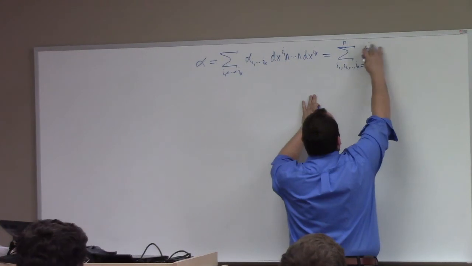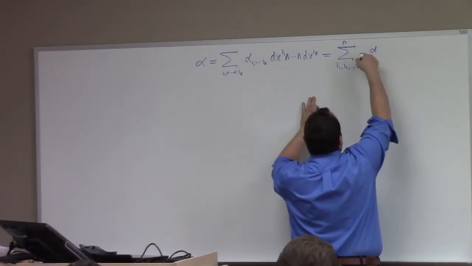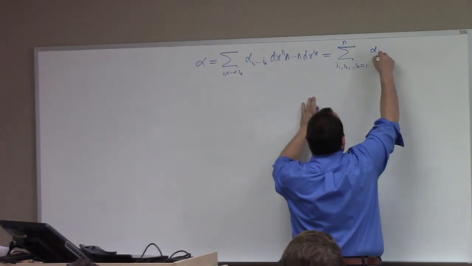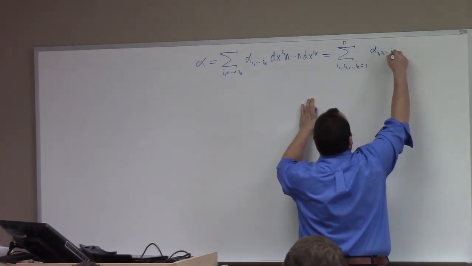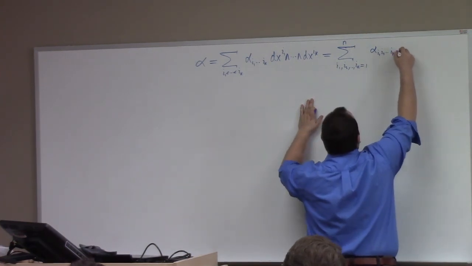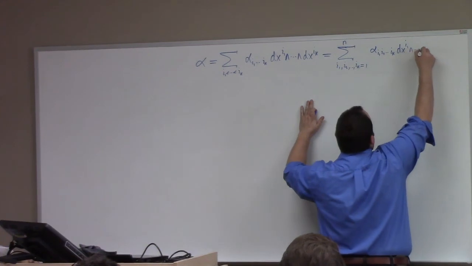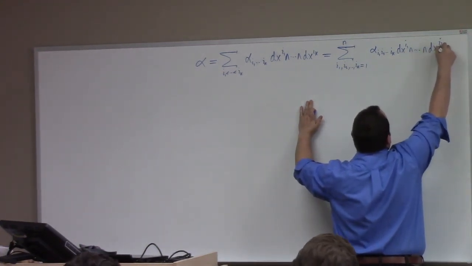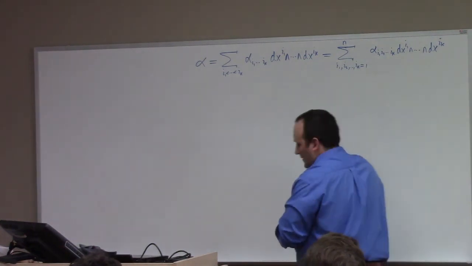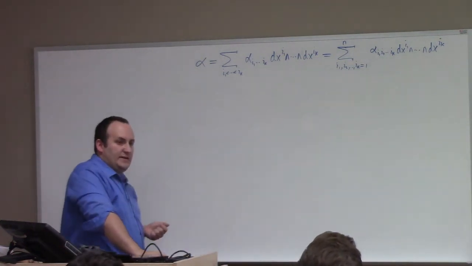And so something goes in the front here, with alpha_{i_1...i_k} dx^{i_1} wedge ... wedge dx^{i_k}. And here's where it pays off that he defined the wedge product not just for increasing indices, but for possibly repeated indices.